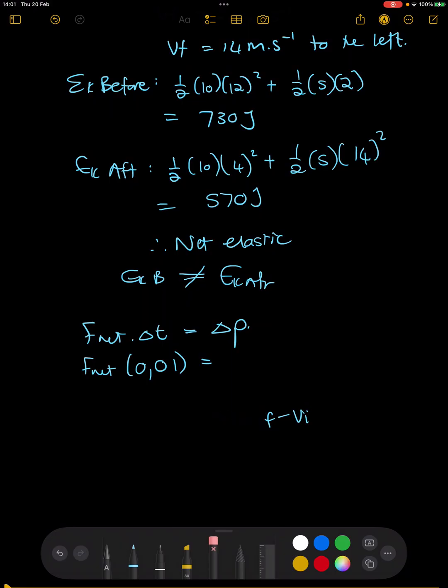We're going to use this for the block that weighed 5 kilograms. So we're going to say 5, then we had negative 14 minus 2, because remember we have to take our signs into consideration. So then my F net was equal to 8,000 Newton to the left.